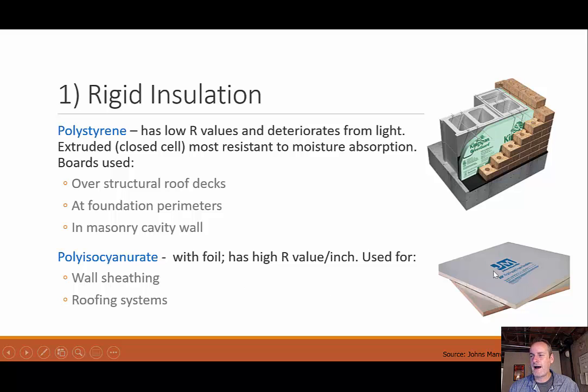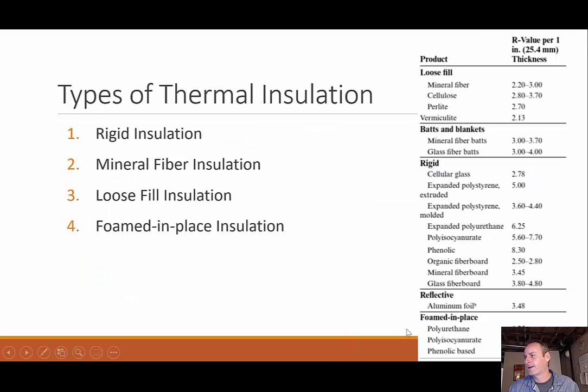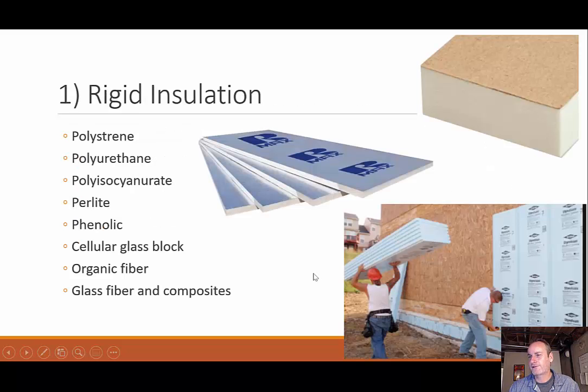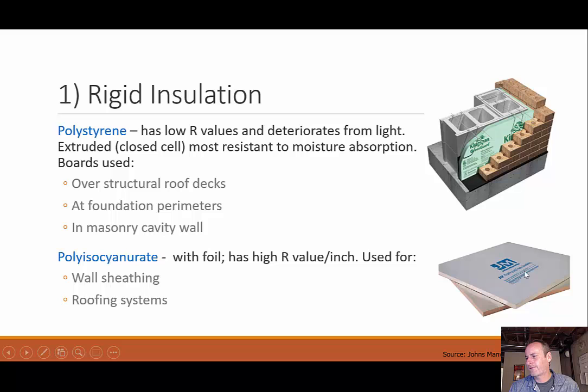Then we have our polyisocyanurate with a foil backing. Now this has a high R value per inch, used for wall sheathing and roof sheathing. If you look up here, we didn't talk too much about this, but there is this reflective aluminum foil, which has its own R value. So what this really is somewhat of a combination, because it has that reflective foil built into it, right?